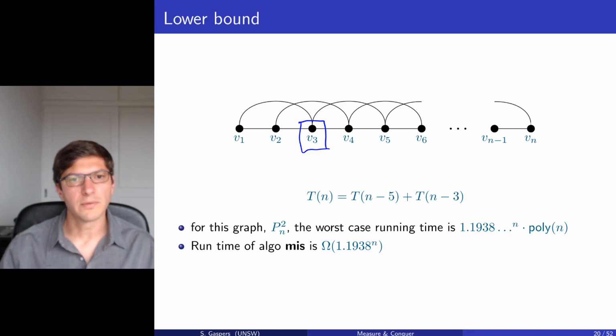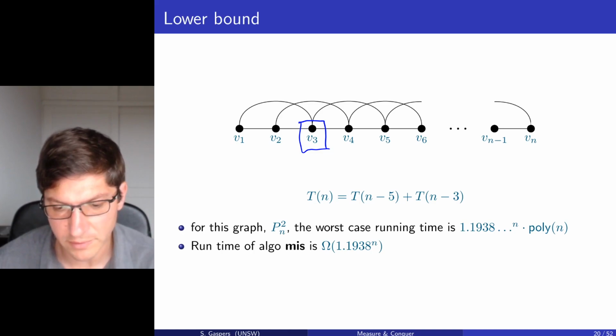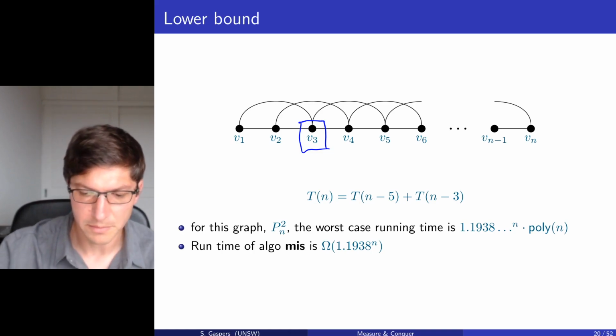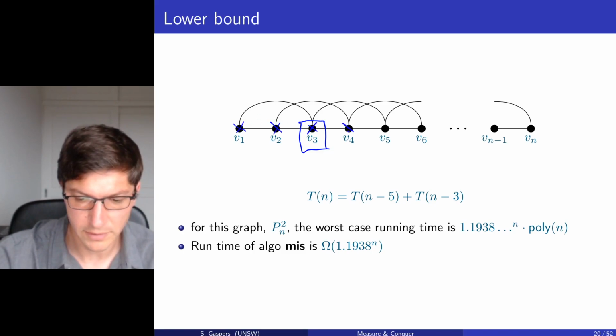So what happens if the algorithm branches on v3? Let's say it puts this vertex into the independent set, then it deletes v3 and all its neighbors. So it deletes v3, v1, v2, v4, and v5.